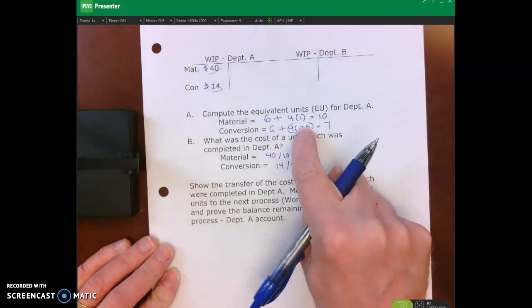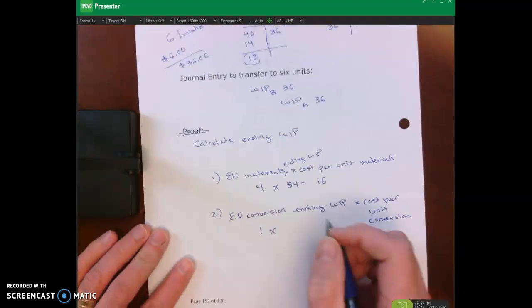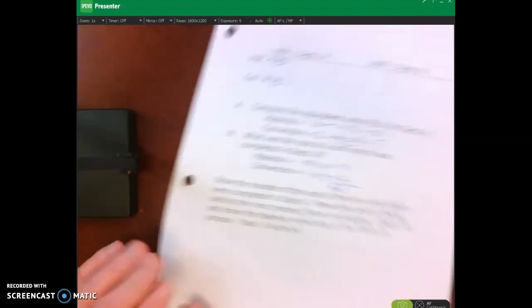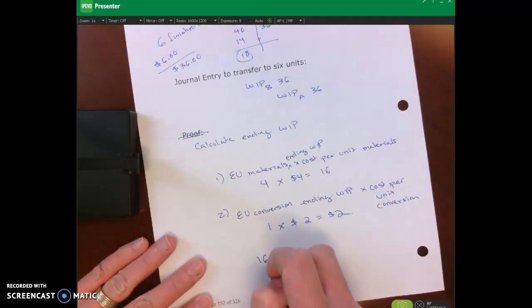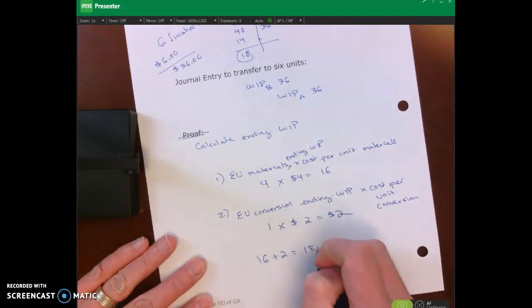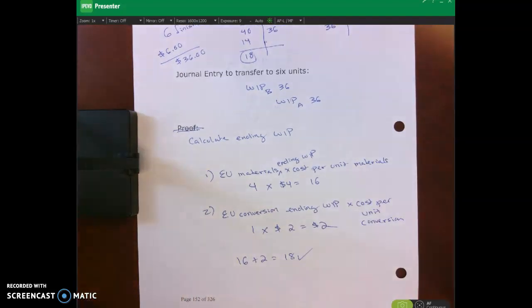Because remember, I have 4, 25% complete, which gives me 1. 1 times, and then my cost per unit, 2. And then I can add them together. And it checks out. And that's how I go through and manually calculate out the value of ending WIP. I take my equivalent full units with respect to materials in ending WIP times the cost per unit, the equivalent full units with respect to conversion in ending WIP times the cost per unit. Thank you.